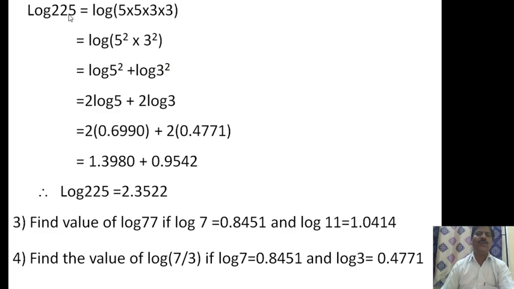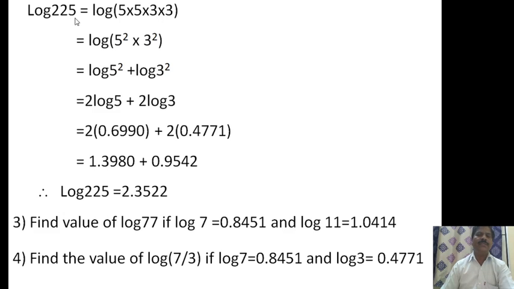Then log 225 is what you get by multiplying 5 into 5, that is 25, and 25 into 3, that is 125.